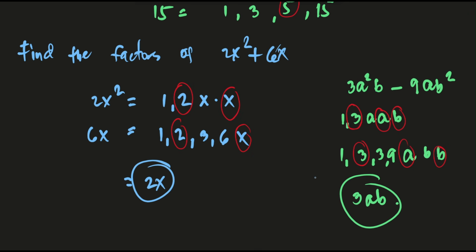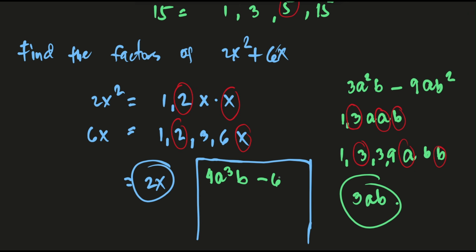How about this example? 4a cubed times b minus 6a squared b. Now we are going to look at each term. Let's have first the first term, factors of 4 multiplied by a cubed multiplied by b.